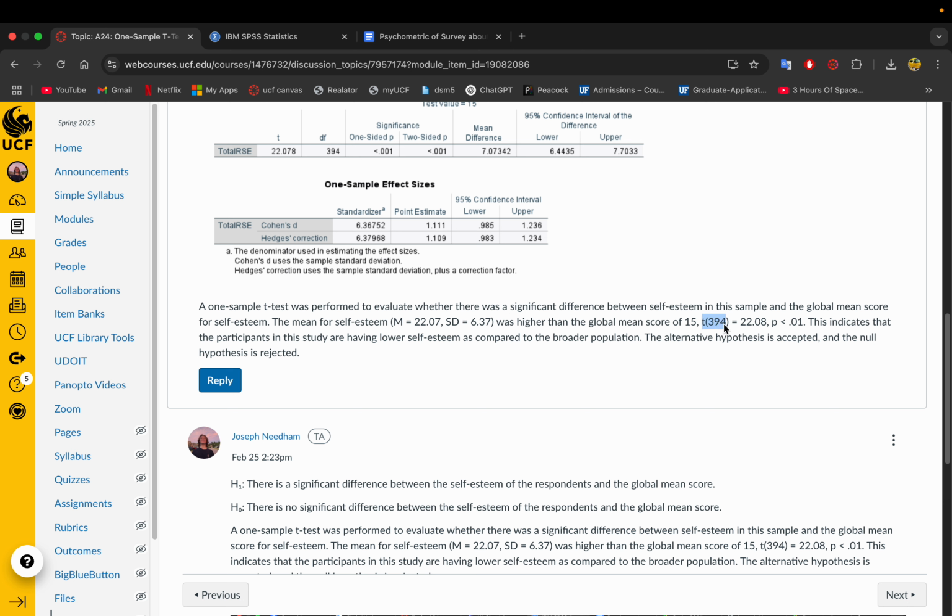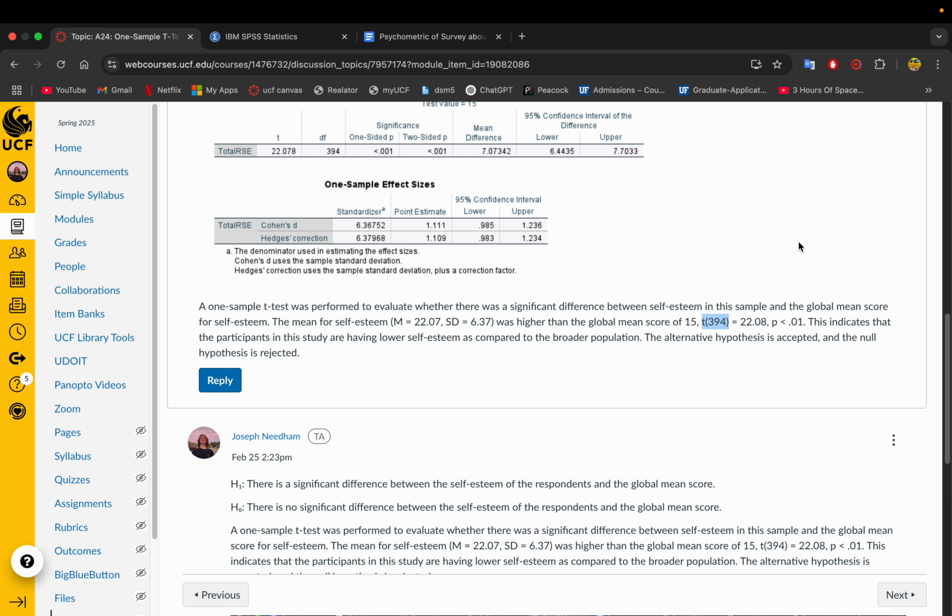Your t-value is dependent on your degrees of freedom. So you're going to write t, parentheses, 394, which is your degrees of freedom, which is df right here, and that's going to equal your t-value. And then you're going to write p is less than 0.01. We use 2 decimals instead of 3.